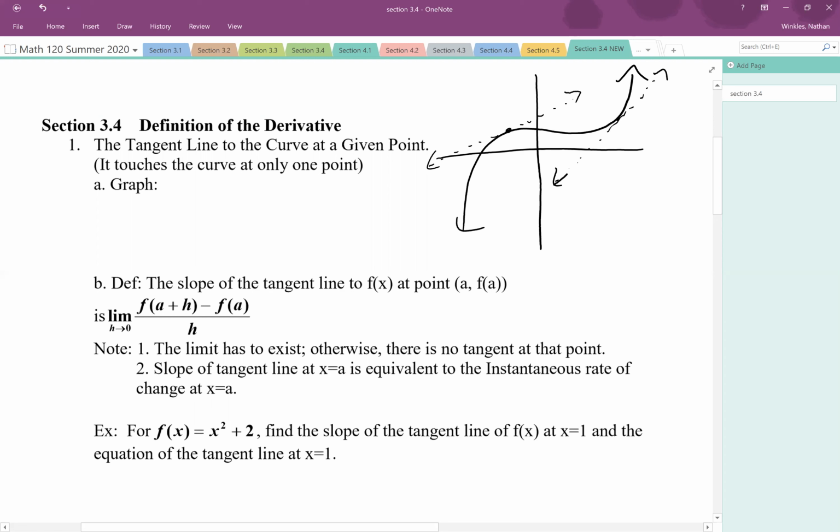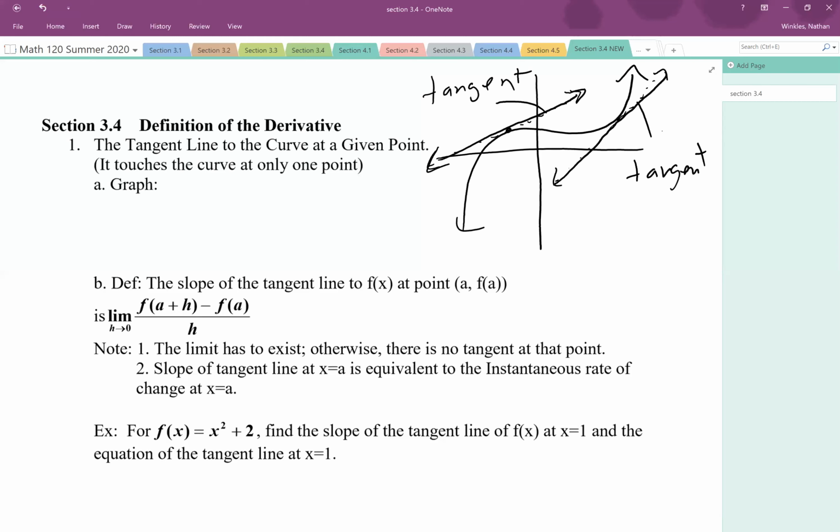If I can find this line right here or this line right here, both of these are the tangent lines. In other words, by definition, a tangent line only touches our curve at exactly one spot.